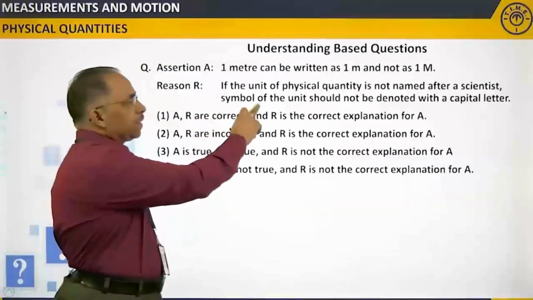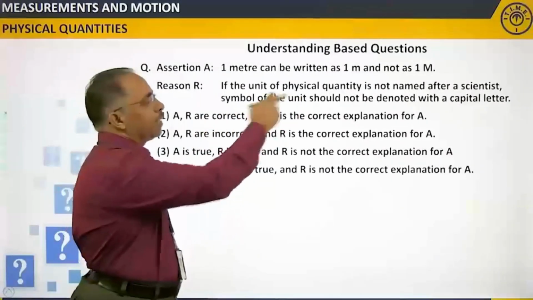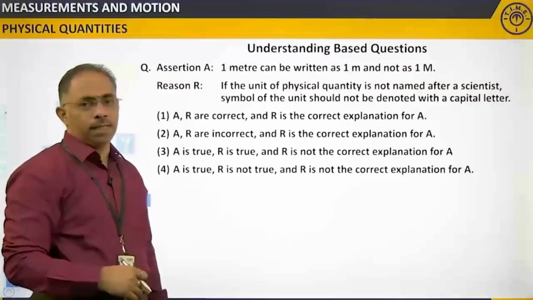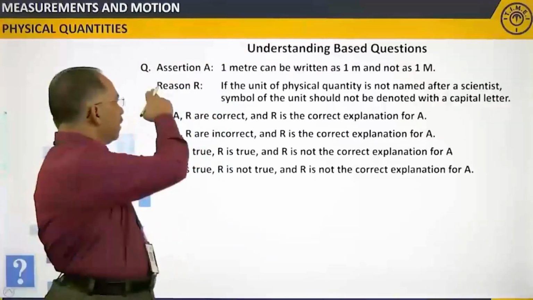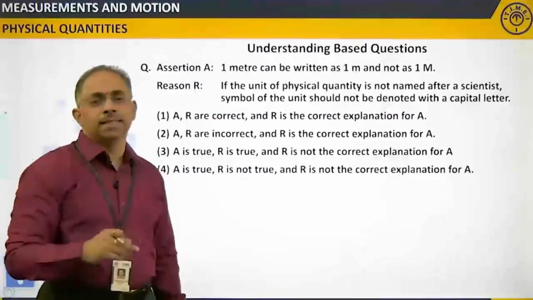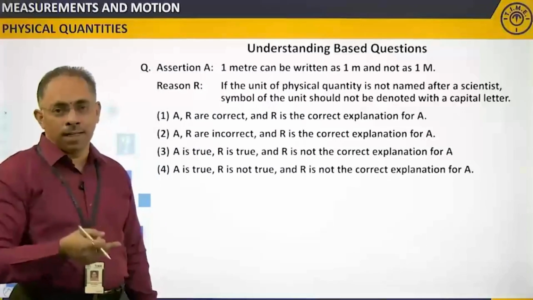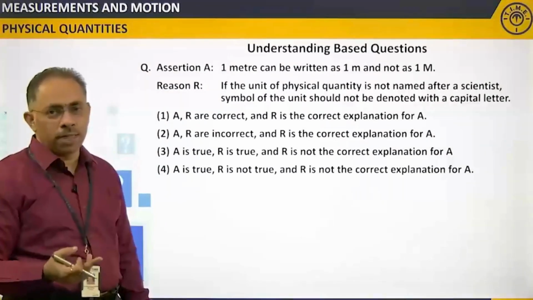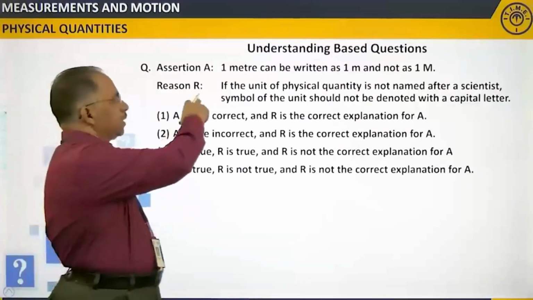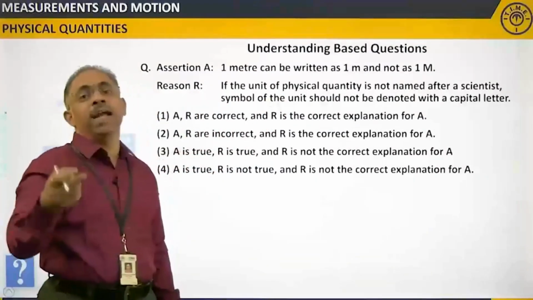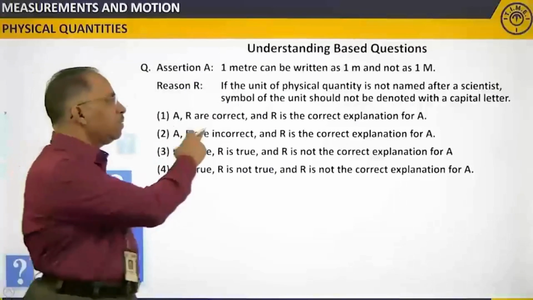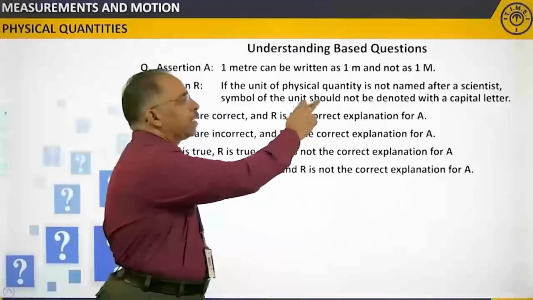If the unit of a physical quantity is not named after a scientist. Meter is the unit we are talking about in the assertion. Is that unit the name of a scientist? No, right? So, now you go through this reason again. If the unit of a physical quantity is not named after a scientist, the symbol of the unit should not be denoted with a capital letter.